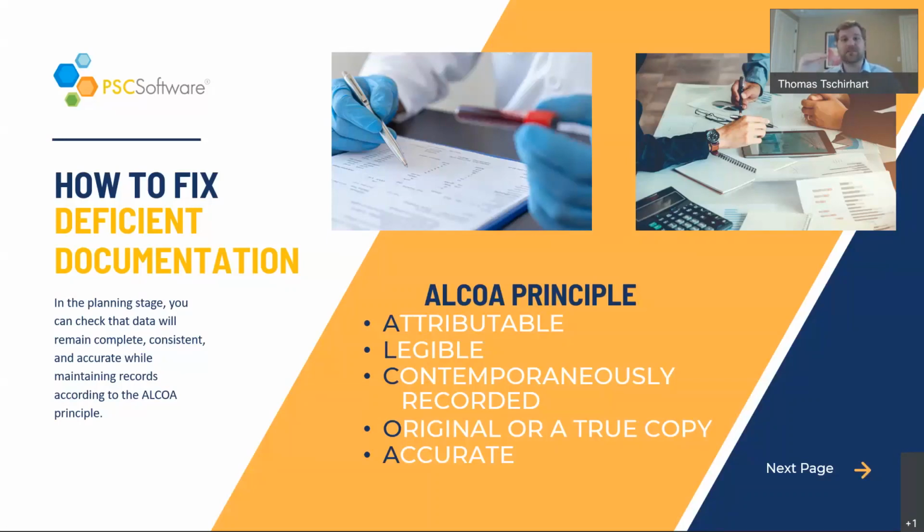Again, we want to make sure that all of the documentation proving the integrity of the data migration is correct, legible, and can be attributed to specific people through signatures, either wet signature or electronic signature. We need accurate documentation to support the data migration itself.